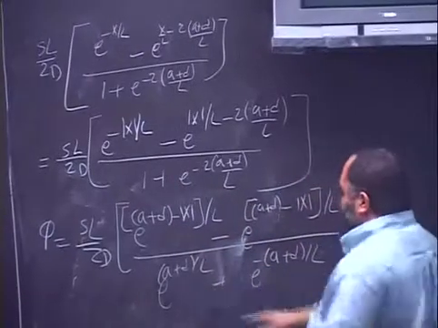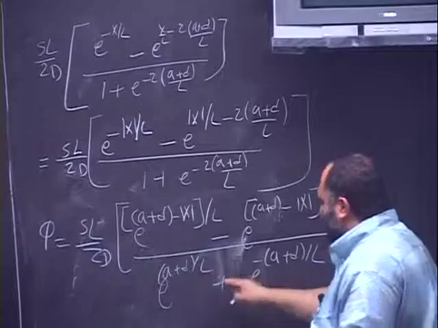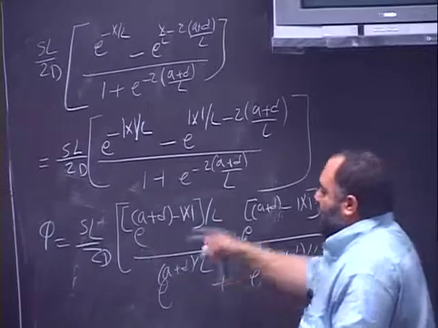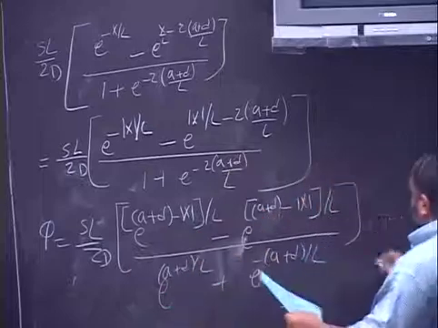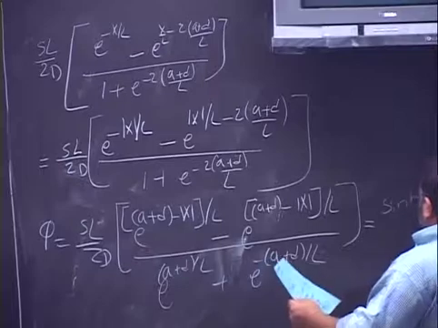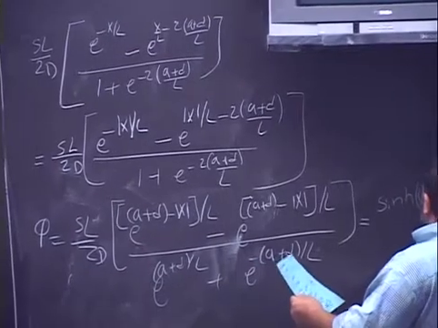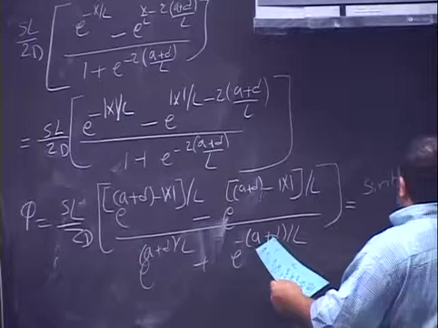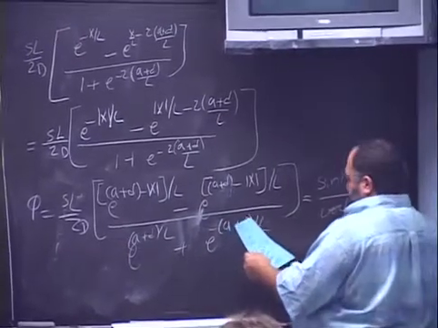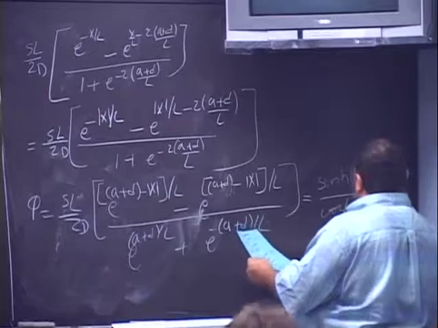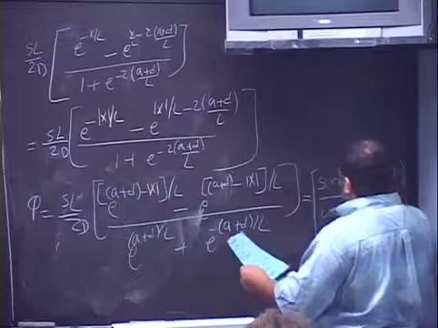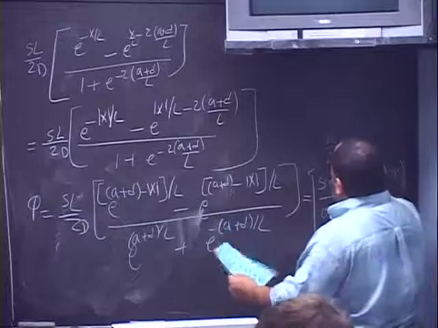This is the sinh, and this is e to the power of something plus e to the power of minus something over 2. This is cosh. The 2 from upstairs cancels with the 2 from downstairs, and you will end up with sinh of A plus D minus x, all over L, divided by cosh of A plus D over L, and all of this is multiplied by SL over 2D.